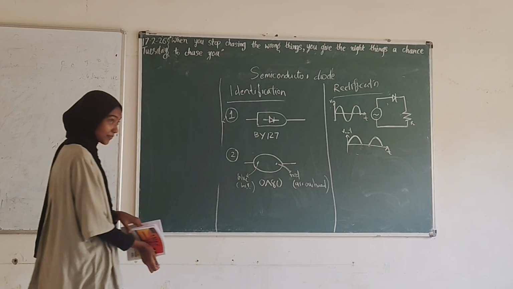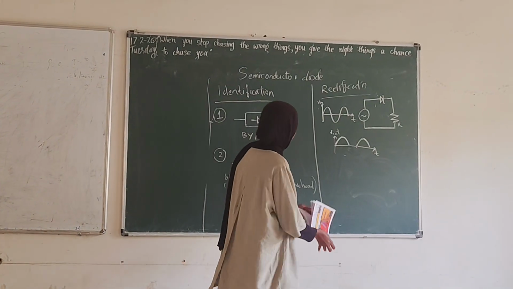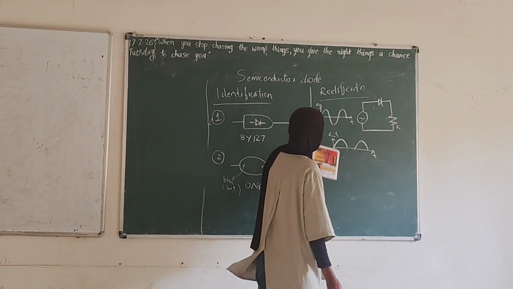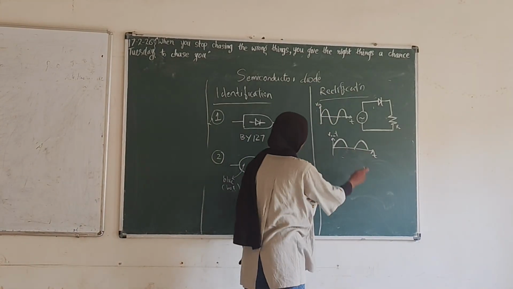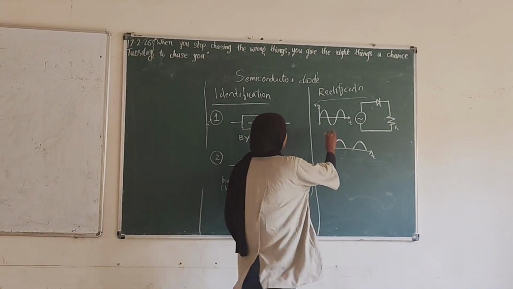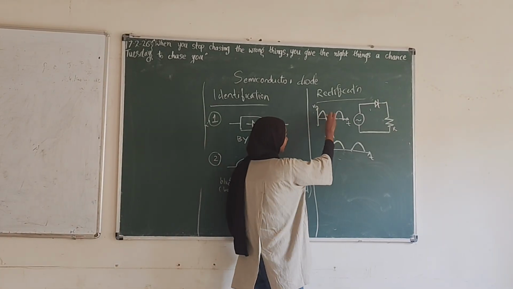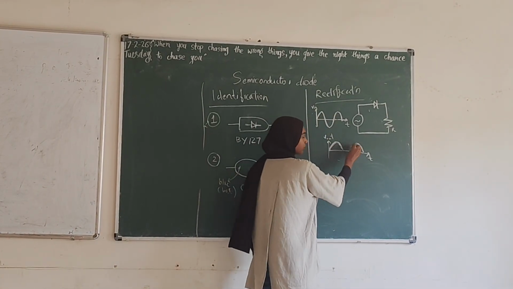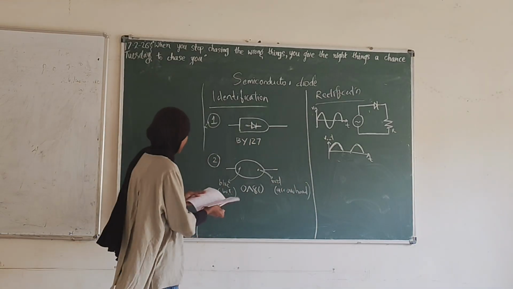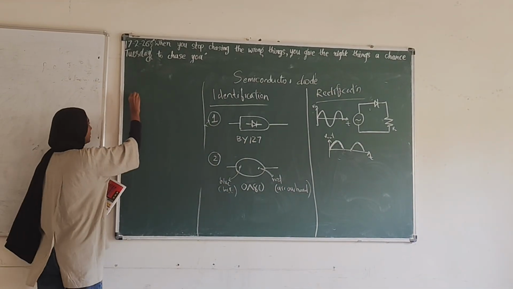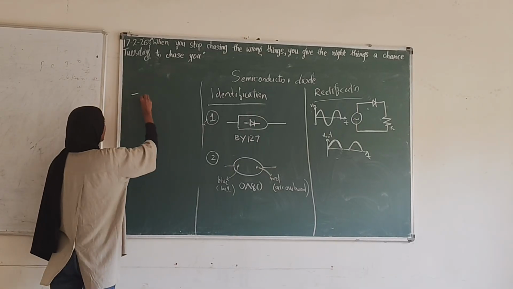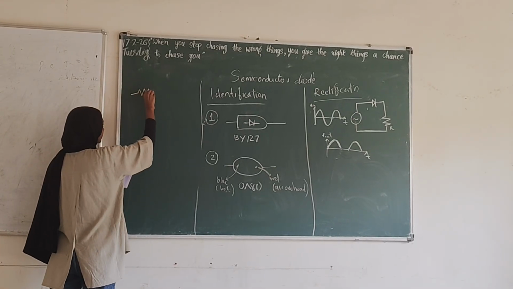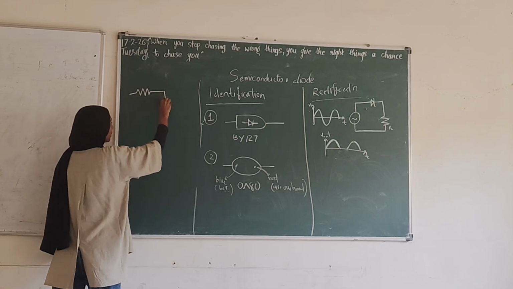Explain what rectification is: rectification means we convert AC to DC, so the input AC is converted to output DC. I will give a circuit. You have to identify where it is forward biased and where it is reverse biased.